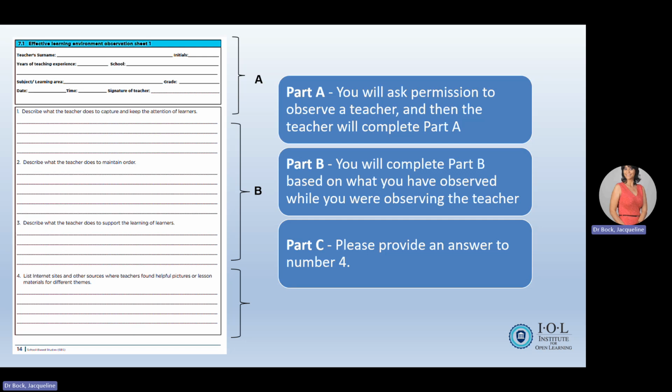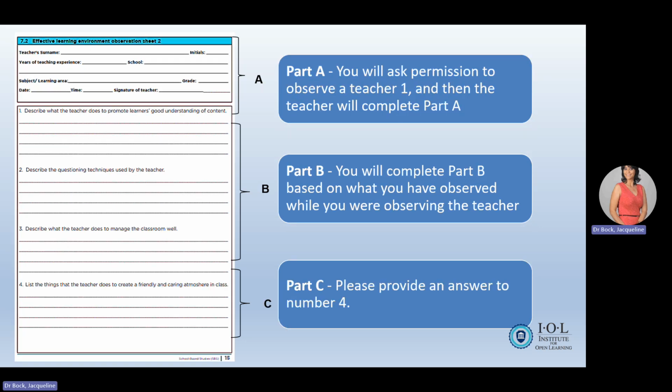You must provide an answer for that one, so complete it to the best of your ability. Then 7.2, part A, you will ask permission again to do the observations. Part B, you will complete it based on what you observed, and then the C part is basically the same as 7.3.